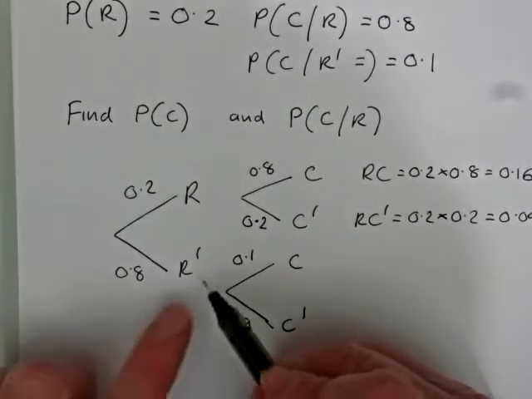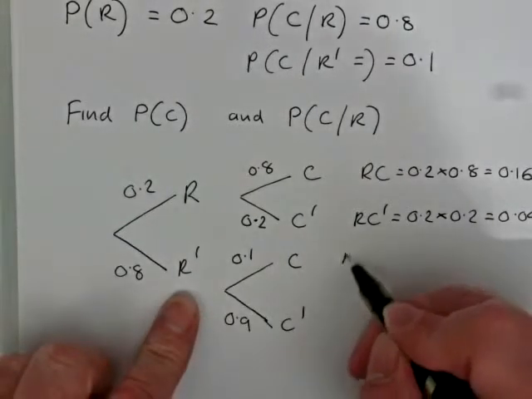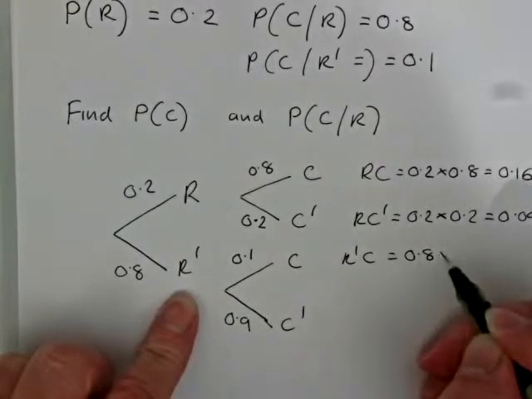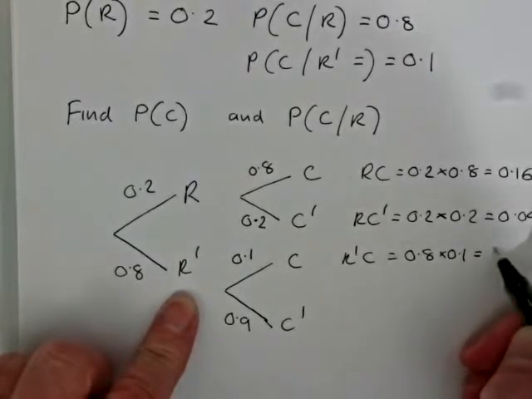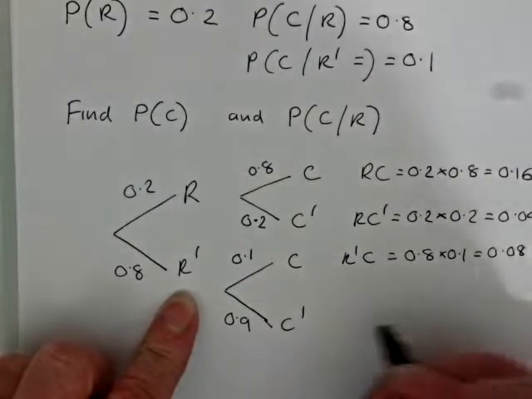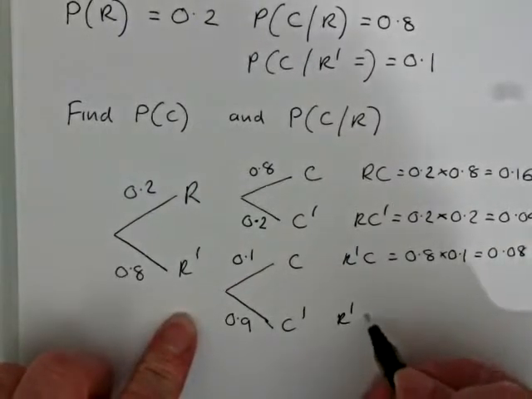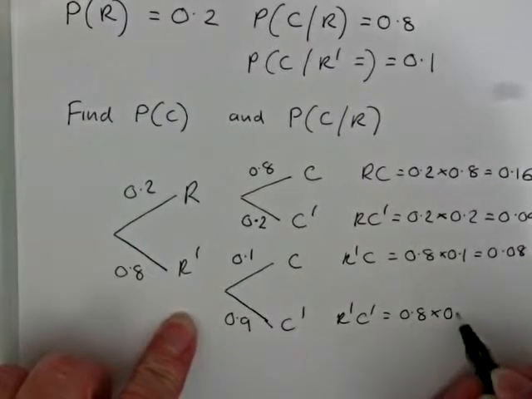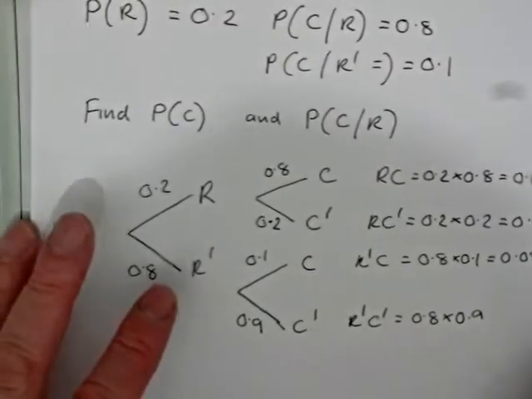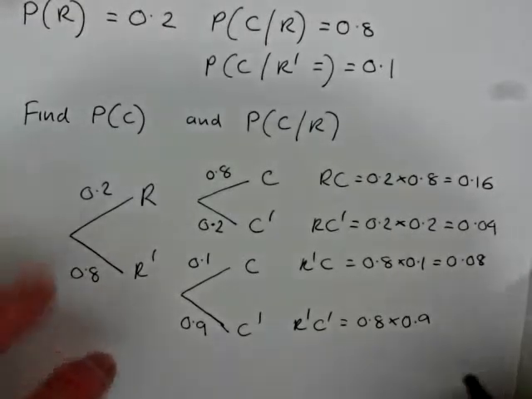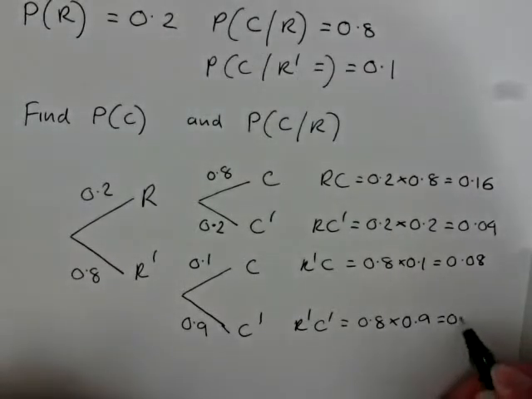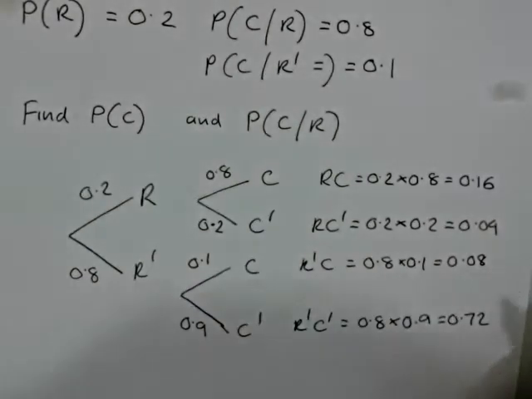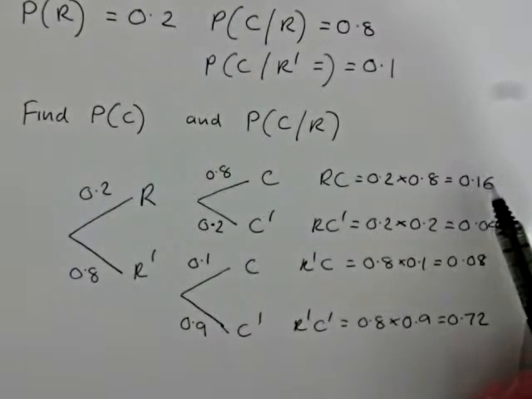The probability that it's not raining and I'm wearing a coat is 0.8 times 0.1 equals 0.08. And finally, the probability that it's not raining and I'm not wearing a coat is 0.8 times 0.9 equals 0.72. So we have all four possibilities here.